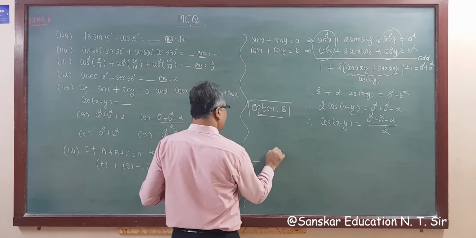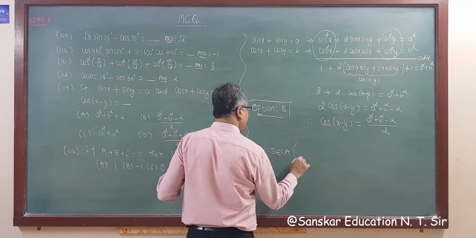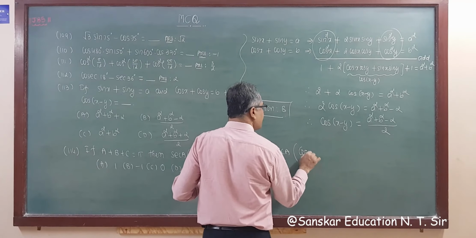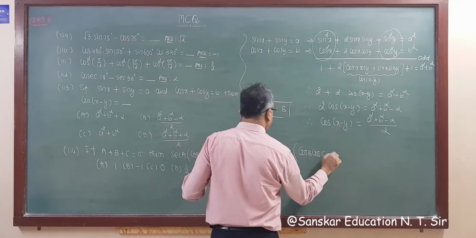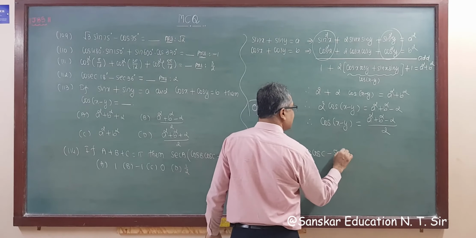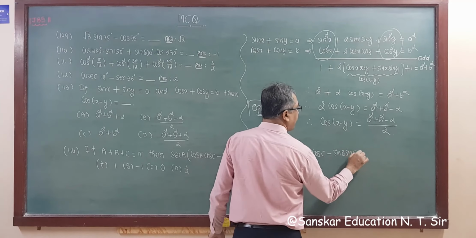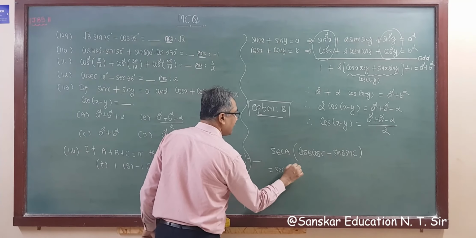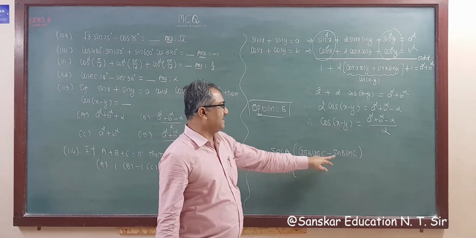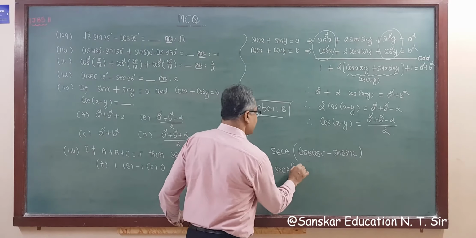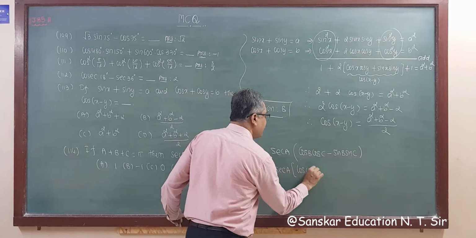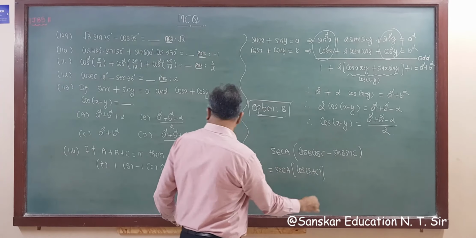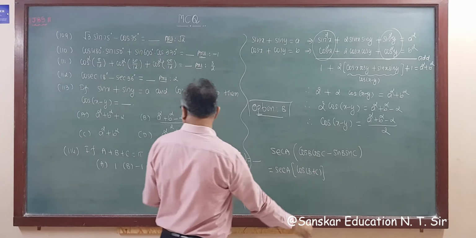So here it is given sec A into cos B cos C minus sin B sin C. So this is sec A, right? Now by the cos B plus C formula, this is cos B plus C. Now it is also given A plus B plus C is equal to pi.